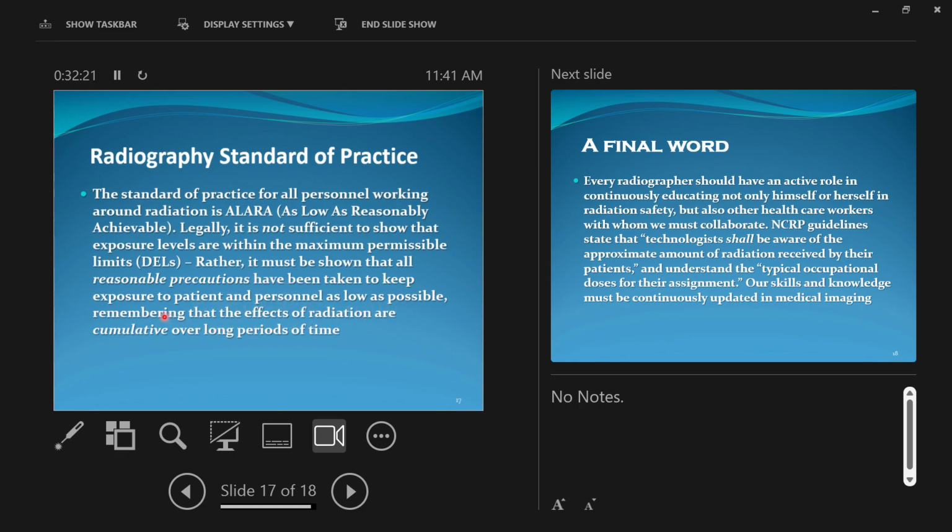With the reminder that, why do we bother doing any of this? Because the effects of radiation are cumulative over long periods of time. What does that mean? It adds up, right? It adds up and adds up and adds up. It all counts towards your future, right? Any exposure that we can make to radiation in a diagnostic room cannot cause early effects of radiation. It cannot cause things that happen within minutes, days, weeks, or months after exposure. The things that we can make happen in the X-ray room manifest years, decades after exposure.